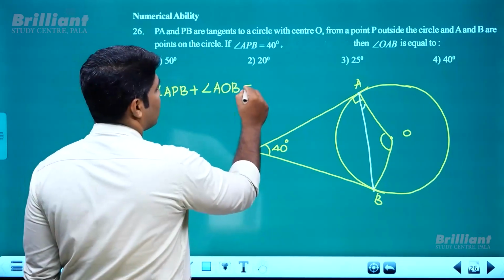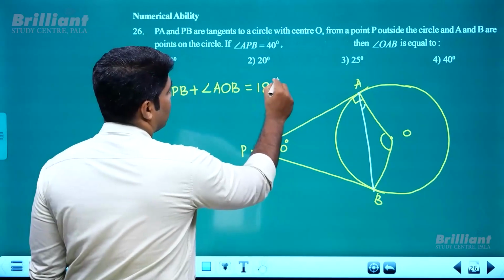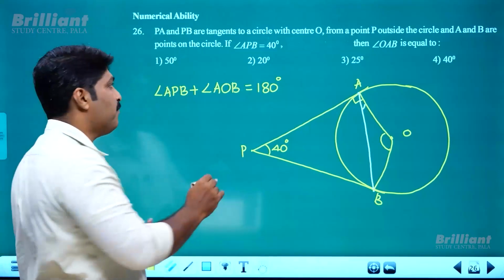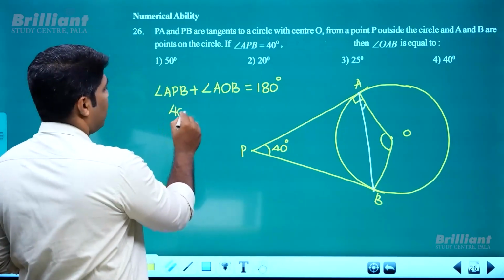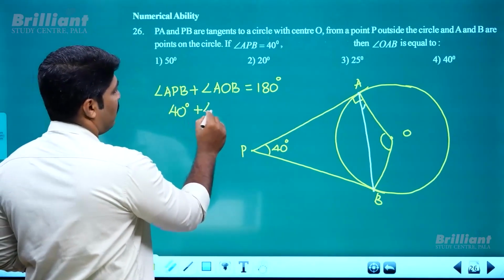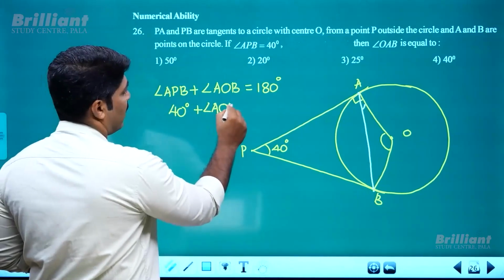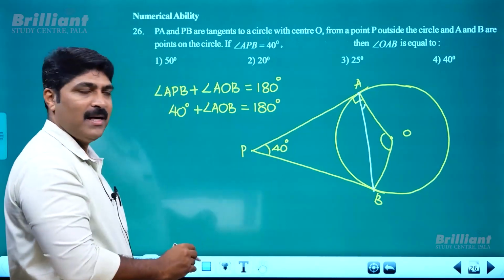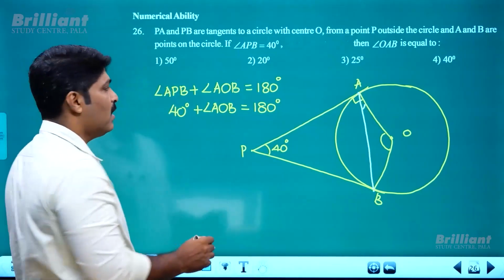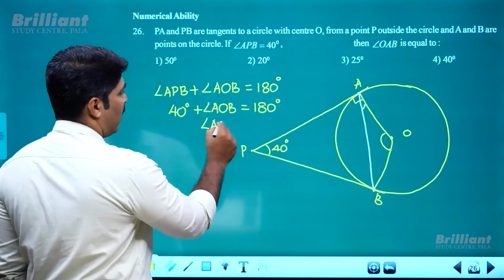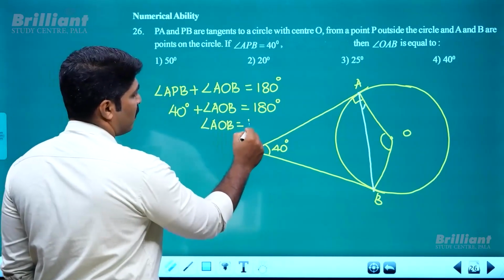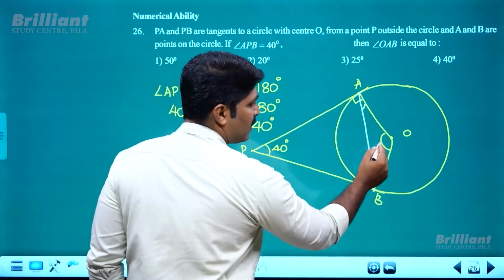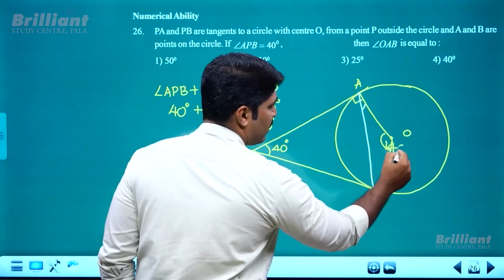Supplementary angles means their sum will be equal to 180 degree. It is given that angle APB equal to 40 degree, so we can easily find out angle AOB. Their sum is equal to 180 degree. From here it is clear that angle AOB is equal to 140 degree. So we got this angle, this is 140 degree.